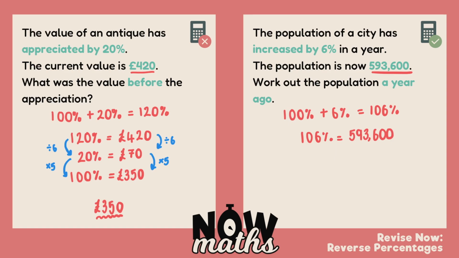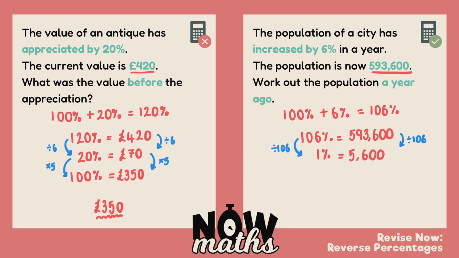And given that we've got a calculator, similar to what we did previously, I'm just going to go straight in and try and find 1%. Because to get from 106% to 1%, we can divide by 106. And then using our calculator, dividing 593,600 by 106 gives us 5,600.